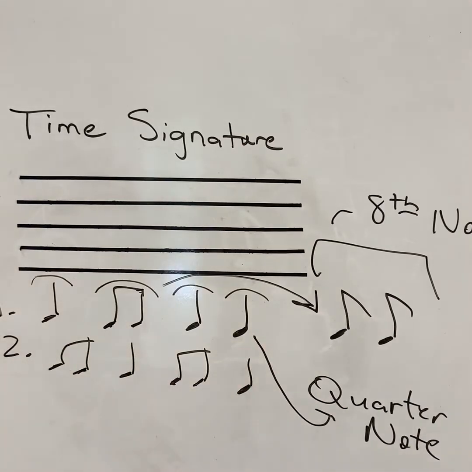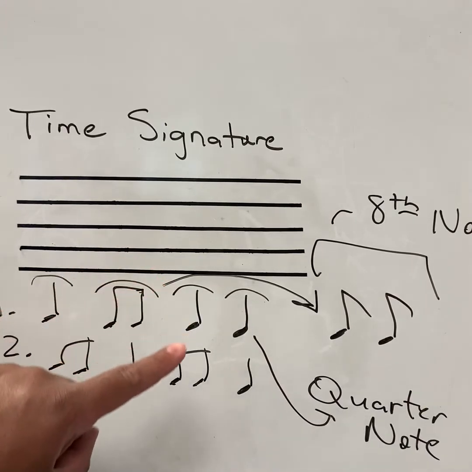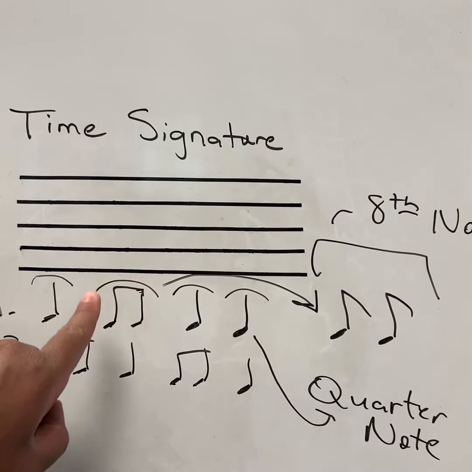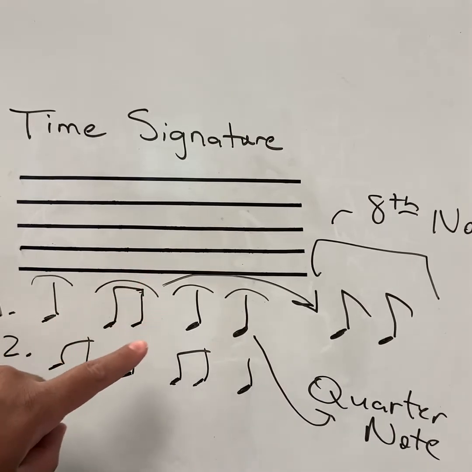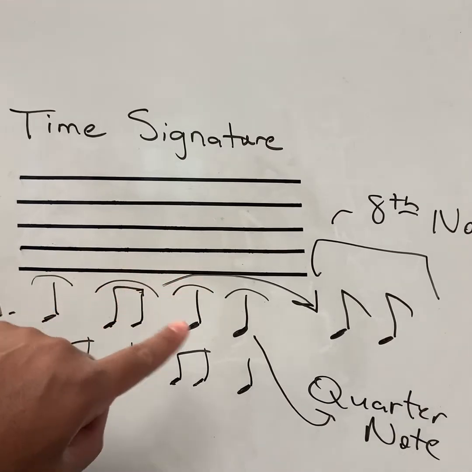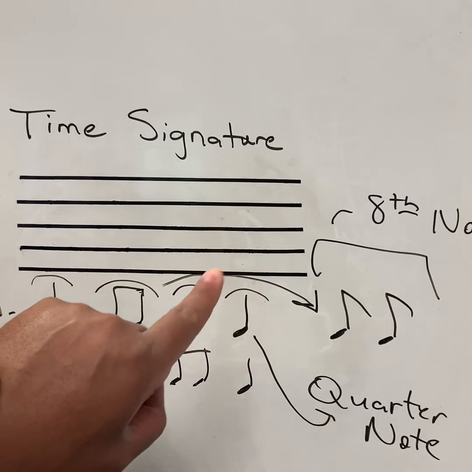So now moving forward, if you were to look back over here, because now that you know it takes two of these to make one of these as far as in beats, that's why this only equals one beat, or one group. It's only in one group. Okay? So I have one beat here. I have another beat here. I have another beat here. And I have another beat here.